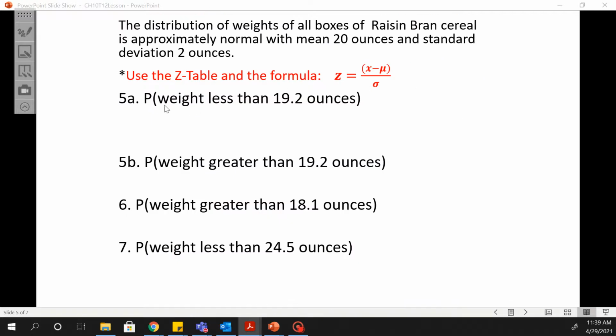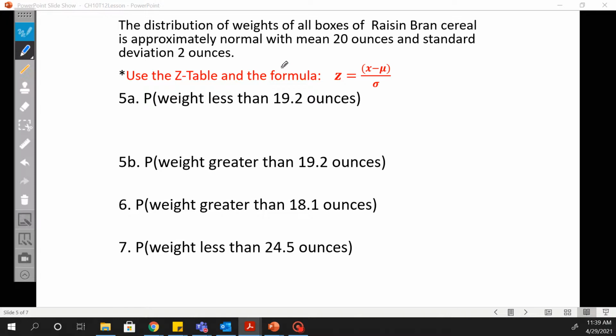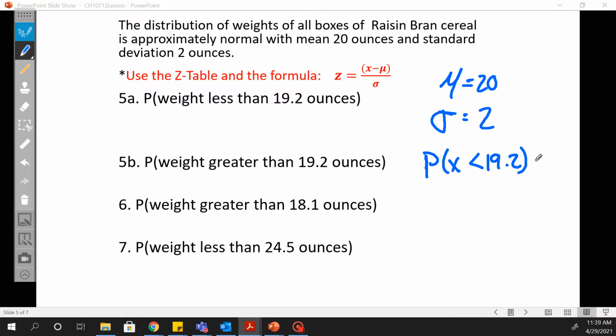So for instance, the distribution of weights of all boxes of Raisin Bran cereal is approximately normal with a mean of 20 ounces and a standard deviation of 2 ounces. We want to know the probability that the weight is less than 19.2 ounces.